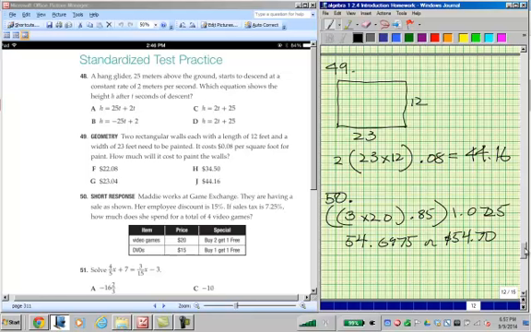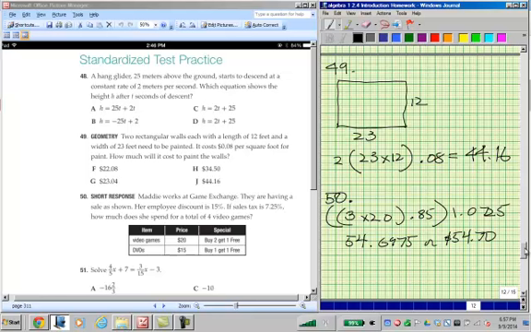Now, her discount is 15%. So she's paying 0.85, which is 1 minus 0.15. So that's how much she's paying. Now the sales tax is 0.0725. So of the 0.85 times 3 times 20, she's paying 1.0725. Now you could take 3 times 20, multiply it by 0.15, and subtract that, or whatever.